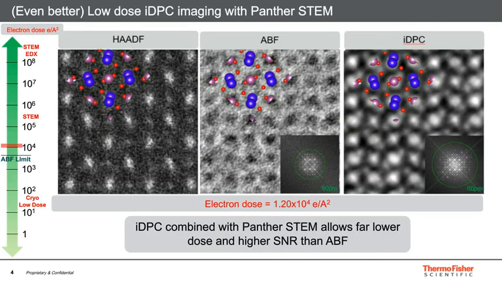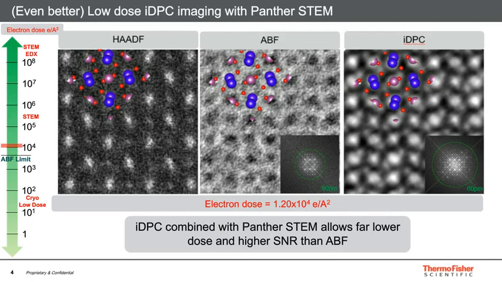We can combine the capability of the Panther STEM detector with our revolutionary iDPC technology to obtain even better images for even less dose. Here is the comparison of HAADF, ABF, and iDPC images at an electron dose of 12,000 electrons per square angstrom.